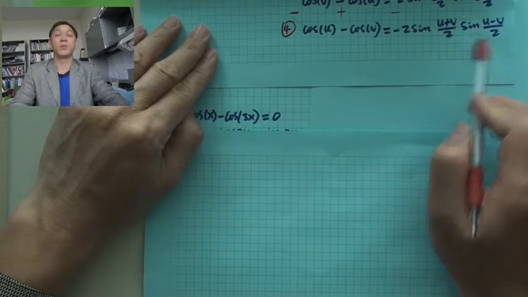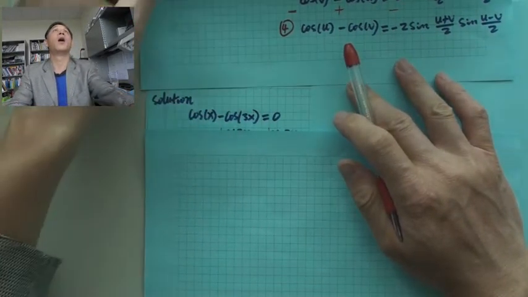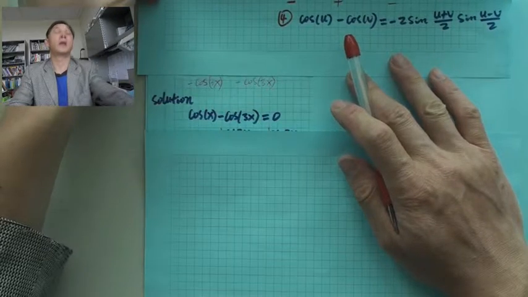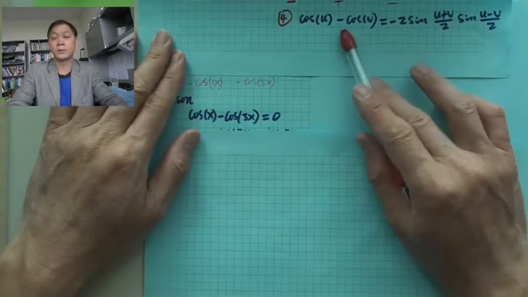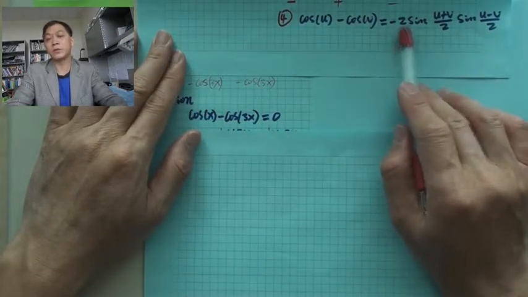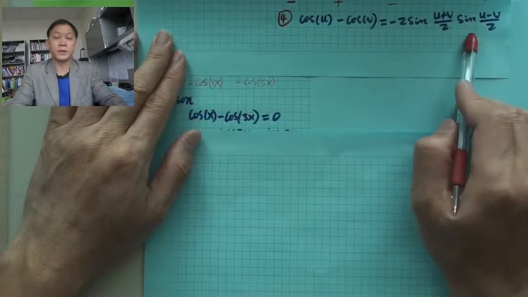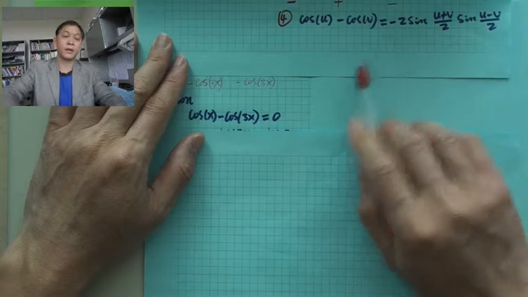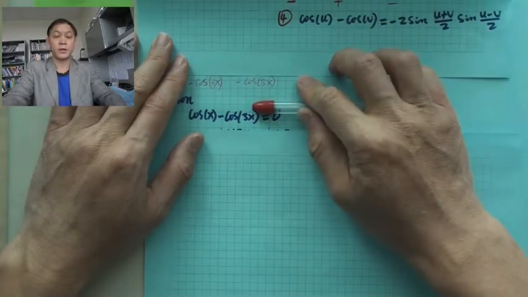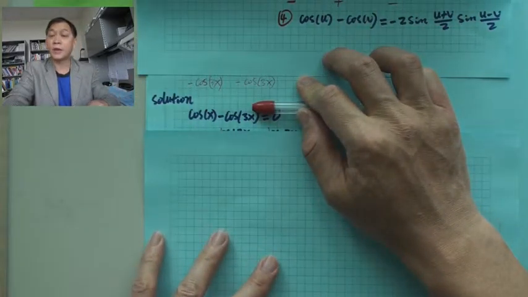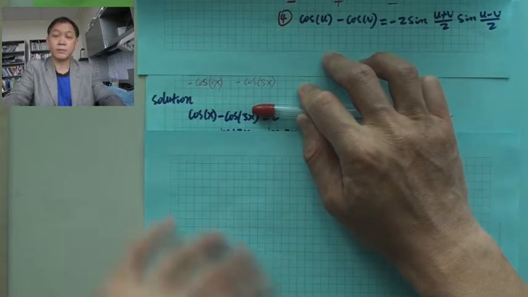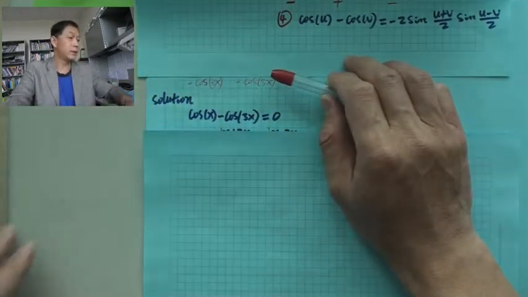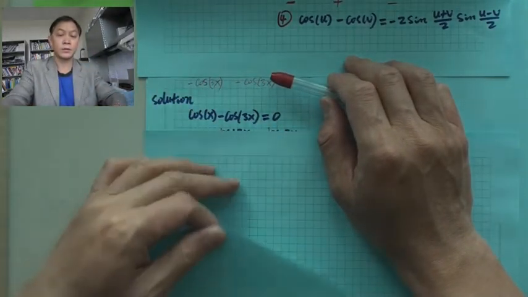That's the formula 4 we had before. So, with the minus, you have a negative 2 sine.